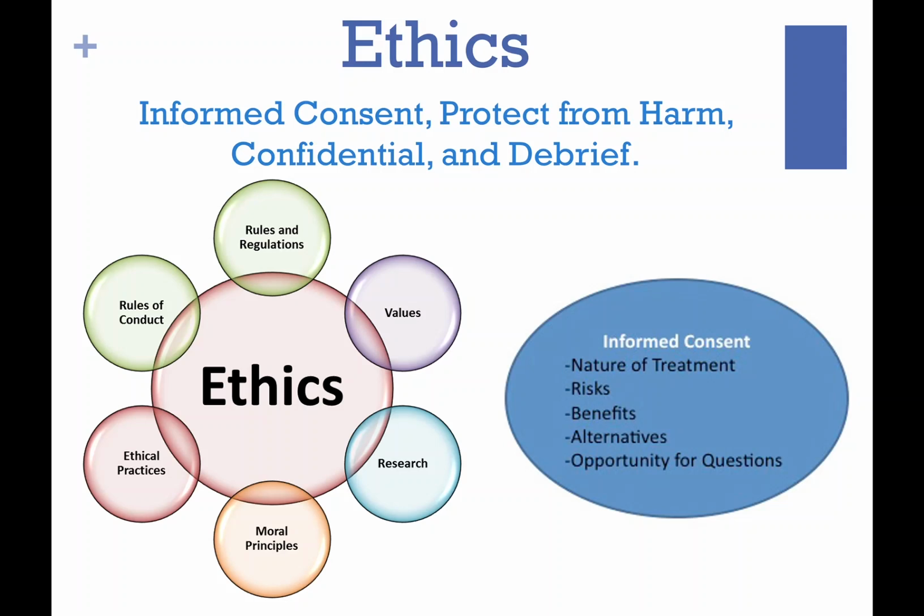Now, if they ask you to suggest ways to fix the ethical flaw, then you would say the ethical flaw of confidentiality could be fixed by using a number instead of Tim's name, something like that. So just be aware of that when you're writing your FRQs, whether they're asking you to identify the ethical flaw, which is a very common question, or asking you to actually correct the ethical flaw in the study.